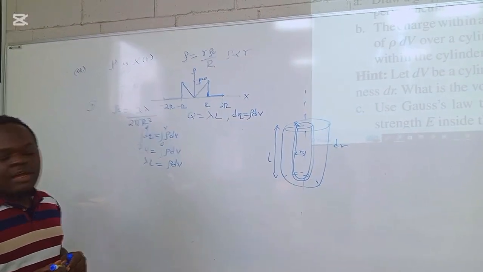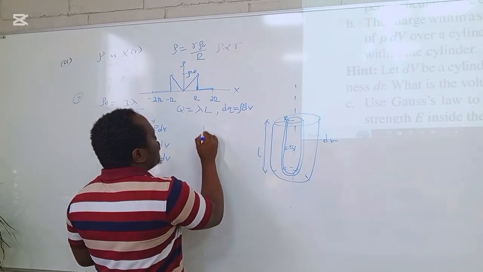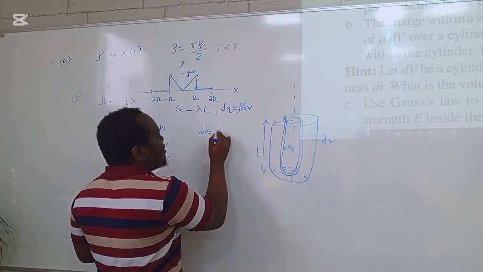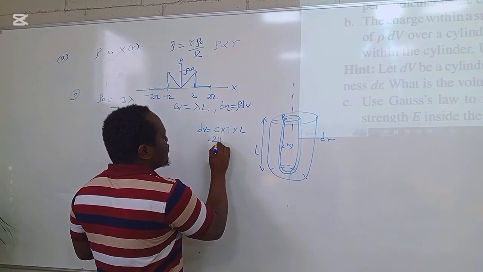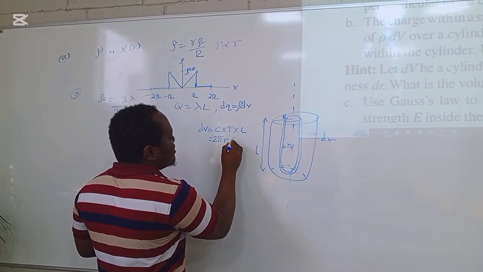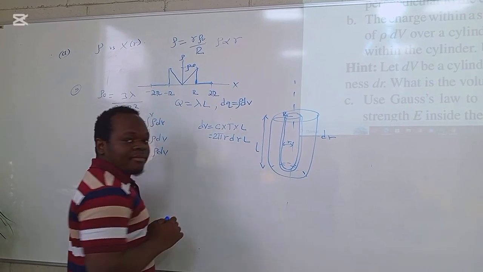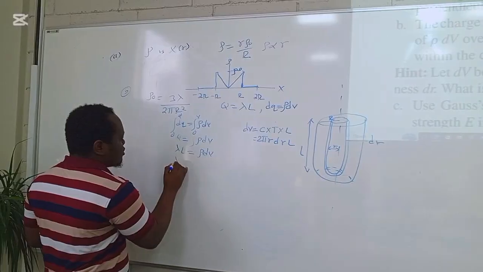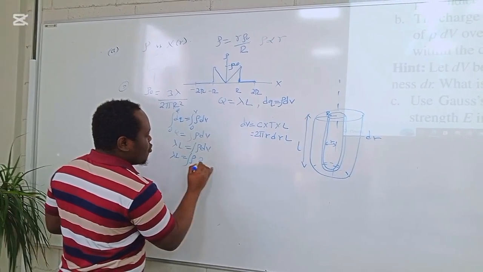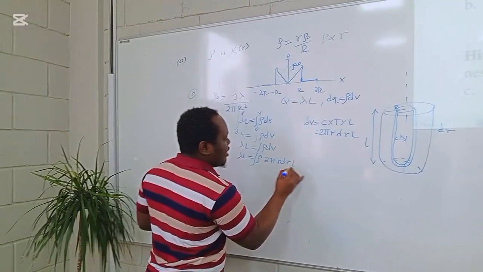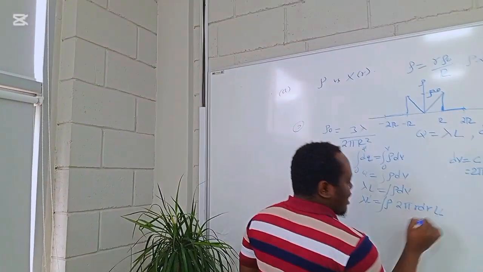Okay? So what's the volume? In order to get the volume, dV is equal to circumference times thickness times length, whereby circumference of a cylinder is 2 pi r, times dr, times L. Okay? Then let's substitute here. So lambda L is equal to rho times 2 pi r dr times L. This L and this L will cancel.